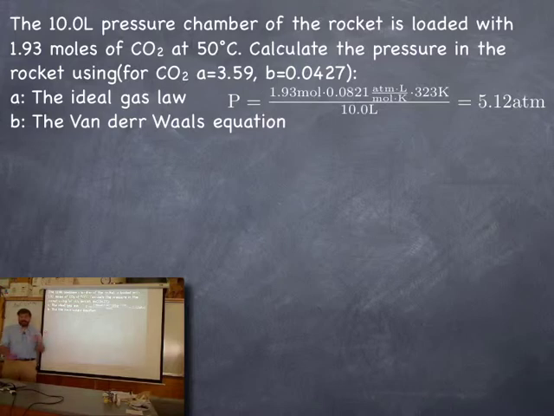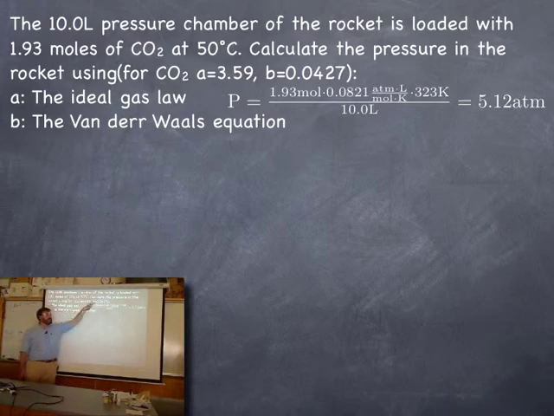There's addition in there, there's squares, there's lots more variables. We just solved for P using the ideal gas law. I want you to solve for P using the van der Waals equation. A and B are given in the problem. So use the van der Waals equation and solve for P.